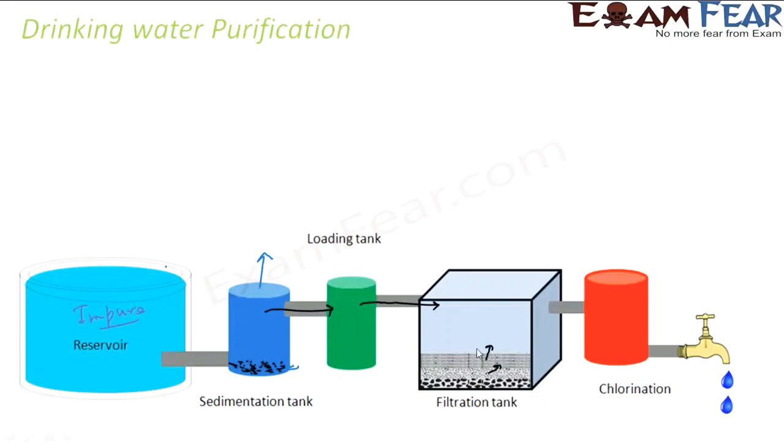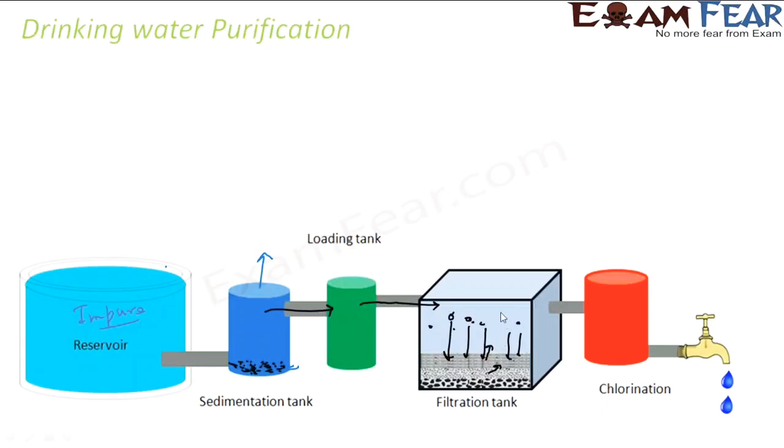So when water flows through it, the impurities get attracted towards the sand particles, and thus we get more pure water. It has more pure water by the time it flows through the filtration tank, because the impurities get attracted by these charged sand particles.